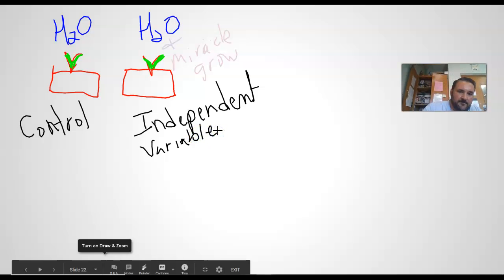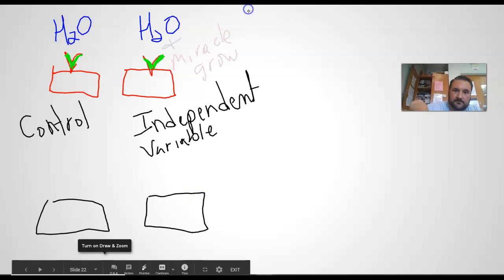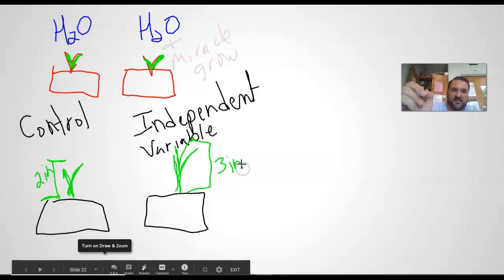Over time, this plant may grow 2 inches, while this plant grows 3 inches.